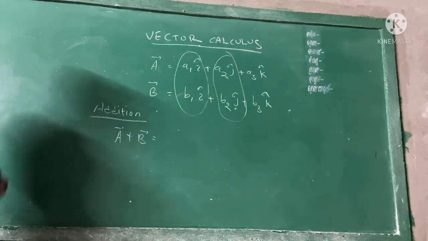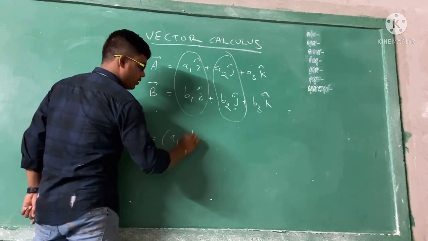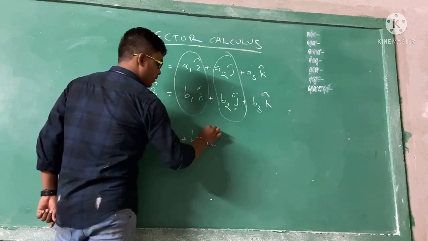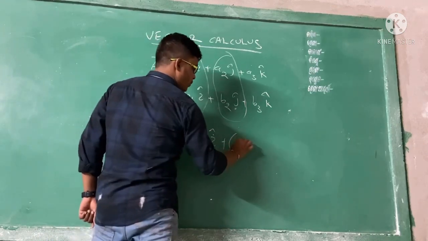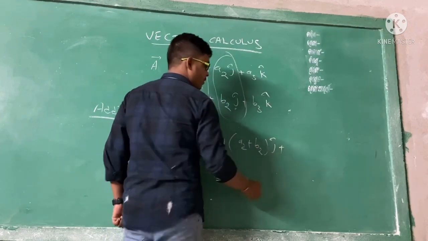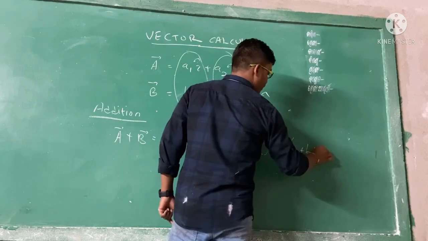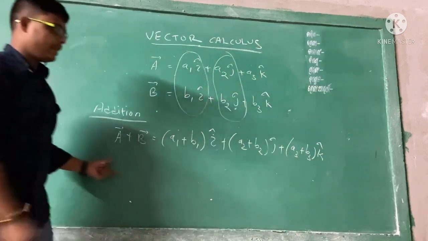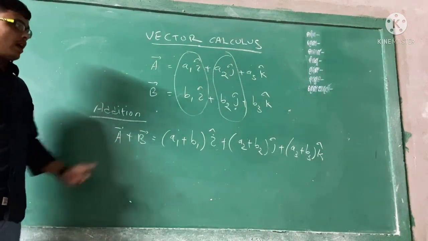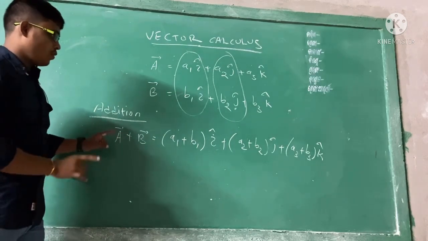So you have to add the coefficient of i cap, the coefficient of j cap, and the coefficient of k cap. So add the coefficients: a1 plus b1 i cap plus a2 plus b2 j cap plus a3 plus b3 k cap. So this is the vector addition. You add the two vectors, and remember to add the similar coefficients. This is important.